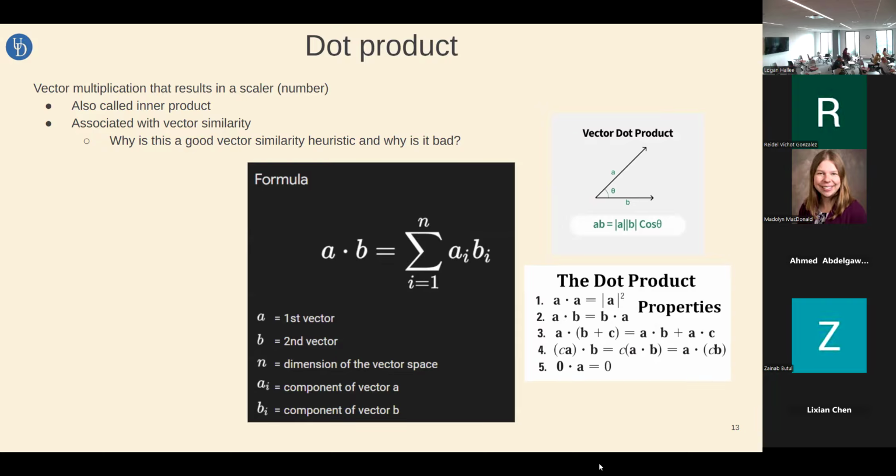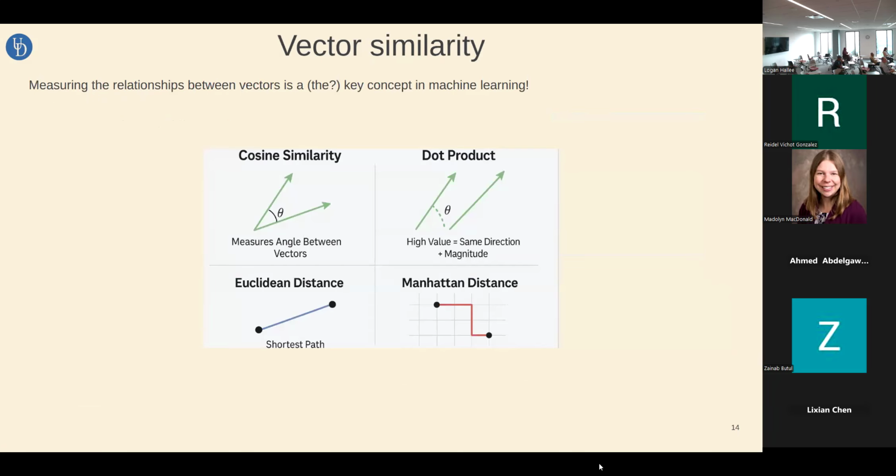Of course, you could also find the Euclidean distance, or the basic distance formula between two vectors, and that's another measurement. So these are different types of vector similarity heuristics. Again, dot product, pretty good, but not that good because it's unscaled.